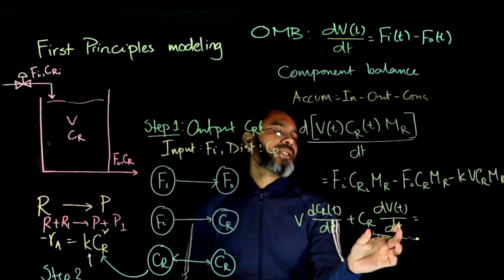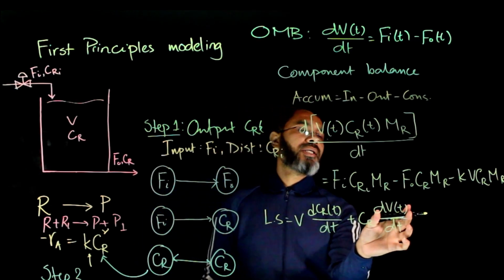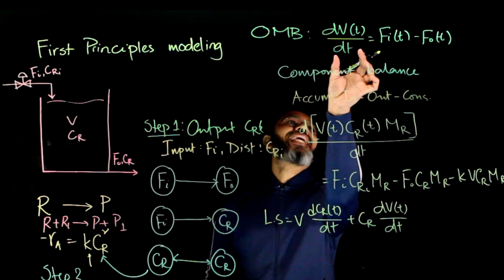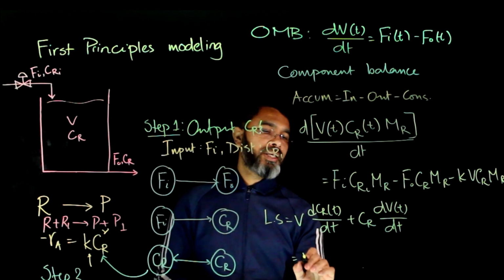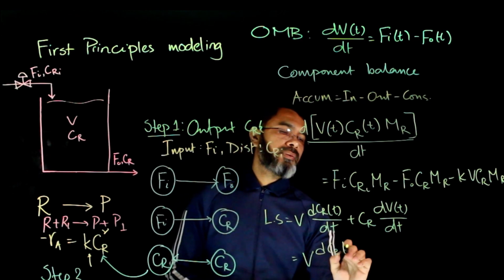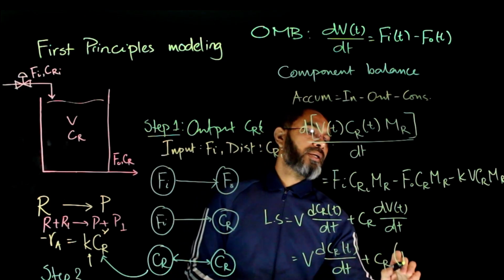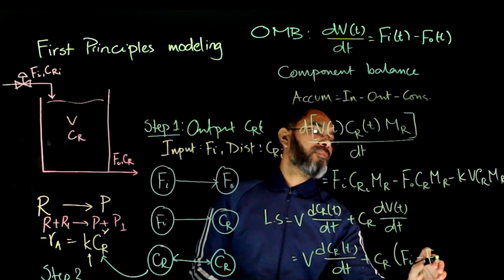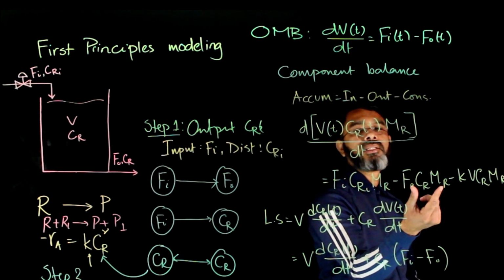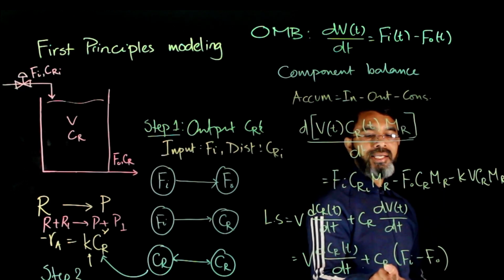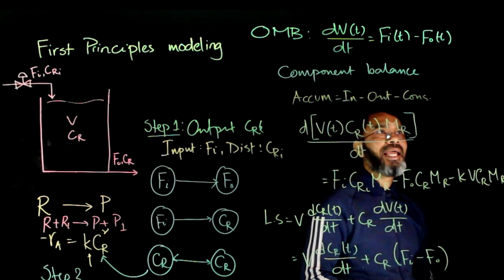Now for the left hand side, if I replace dV/dt with Fi minus F0, I can get the left side to be V dCR/dt plus CR times (Fi minus F0). Now if you compare this with the right hand side, what you will get is that the CR times F0 term is on both sides, and that will get cancelled.